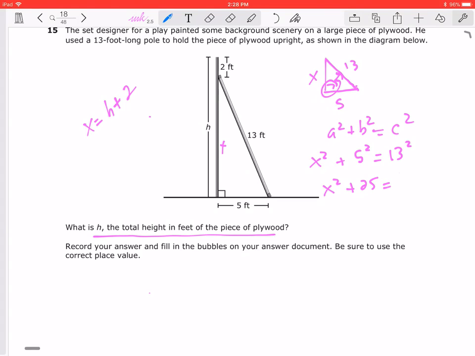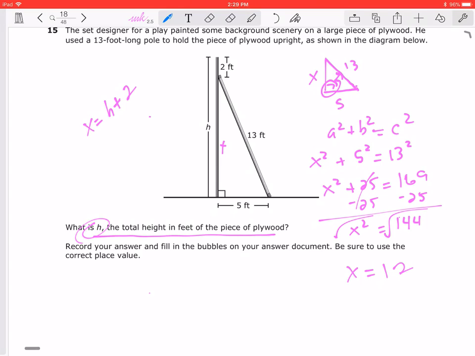Now we're going to solve for x. So x squared plus 25 is equal to 13 times 13, which is 169. I'm going to subtract 25 from both sides, so x squared is equal to 144. Square root of both sides, x is equal to 12.